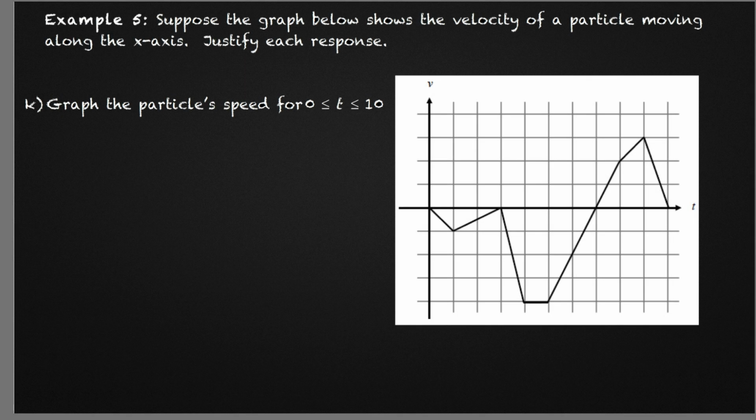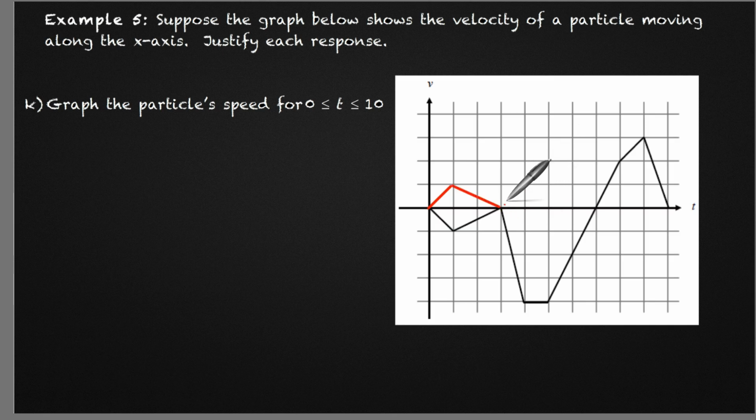Okay, finally, part K says graph the particle speed for 0 to 10. And we know speed is nothing more than the absolute value of the velocity. So basically, if the velocity is negative, it just flips it up and makes it positive. And if it's positive, it stays positive. So that's going to be there and then there.